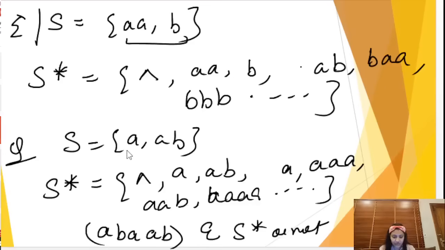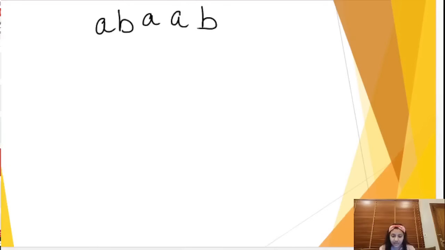Take the string that you want to check, which is A, B, A, B, and we can factorize it in the form such that it forms the factors which are in my original S. So in original S, I have two factors A and AB. So can we factorize this particular string in this form that I get the factors AB and A from it? Yes, I can form AB, I can form A, I can form AB from here.